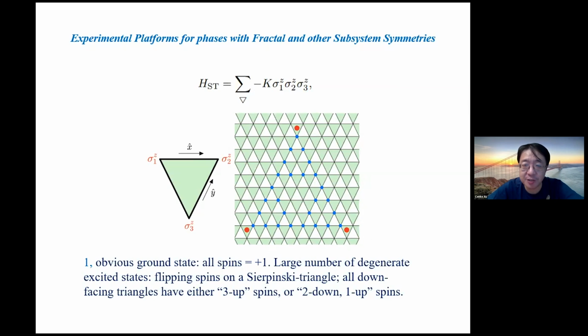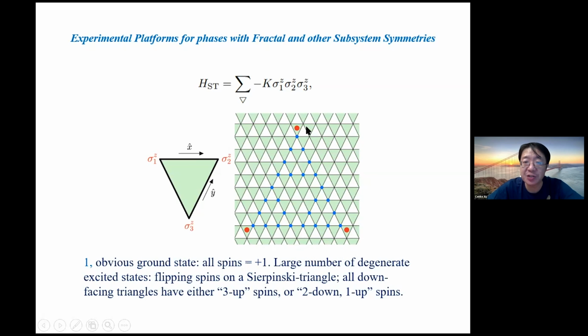If I flip the spins from up to down on the Sierpinski triangle, then this is an excited state, but the energy cost only comes from the 3 corners. The interior of the triangle does not cost any energy at all.